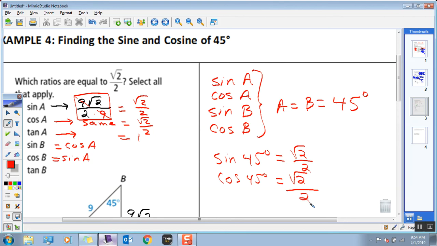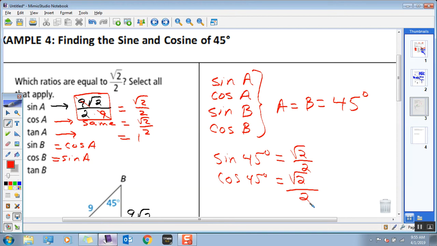Do this for me. Who has a calculator? Take the square root of 2 and divide it by 2. Tell me it's 0.7071. Is it 0.7071? Square root of 2, enter, and then divide by 2.